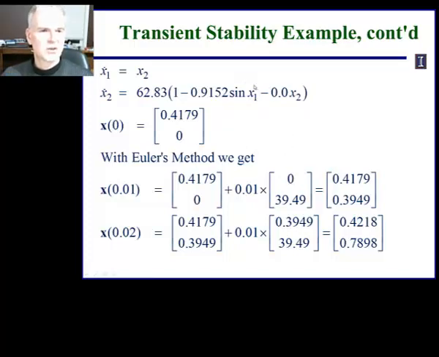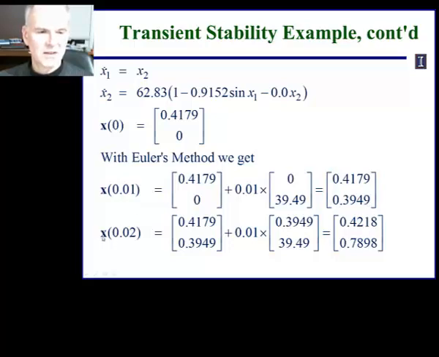We substitute in x1 evaluated at time t equals 0 into this equation here, and we get 39.49. So this gives us our value of x at the first time step. Angle stays constant, but it starts to get some delta dot here.